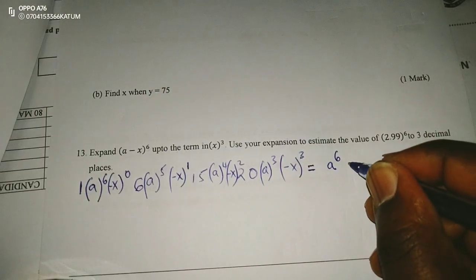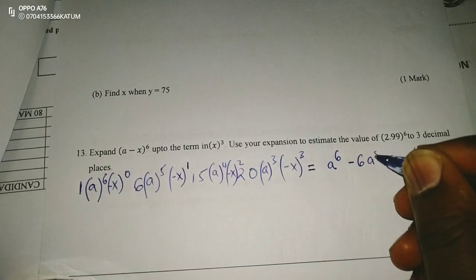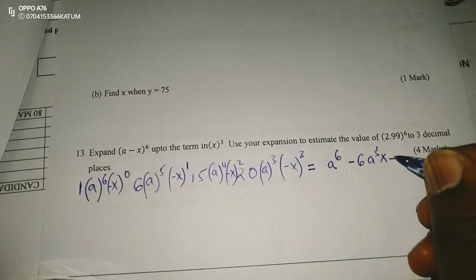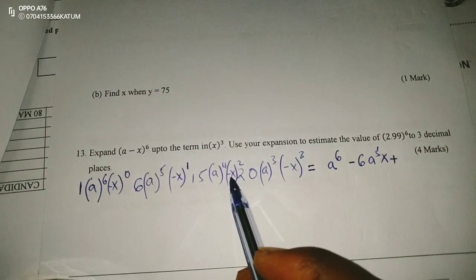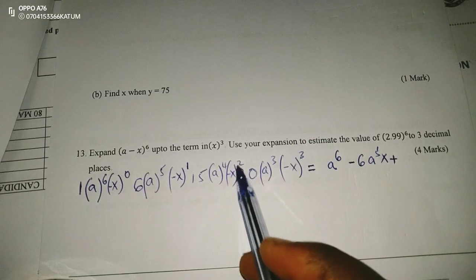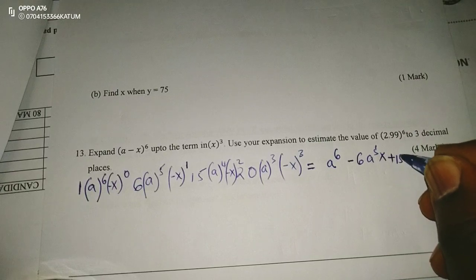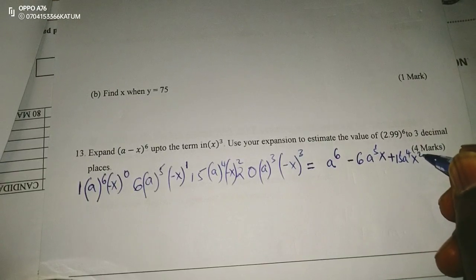So it will start with a negative 6, then a power 5, and x power 1. Then the next one will automatically be a plus, because when we square x, even though it is negative, it will become x squared. Then this one is a power 4, and this is 15. So we'll start with 15, a power 4, x squared.